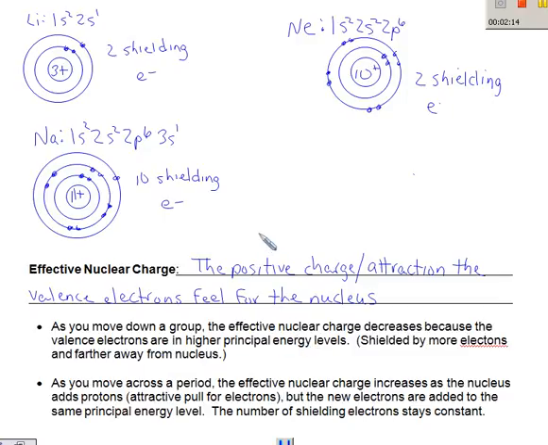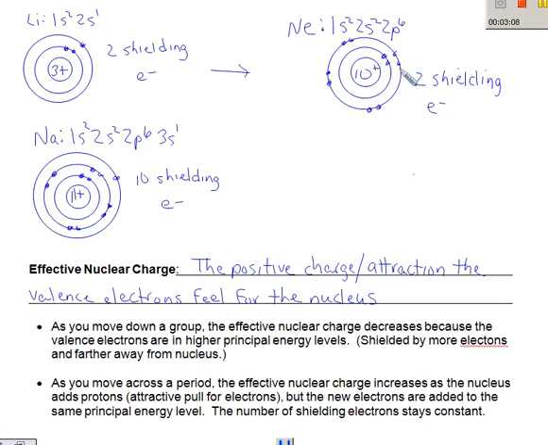Now let's take a look at what happens as you move across a period. We're going from lithium across the second period to neon. So as you move across the period, the effective nuclear charge increases as the nucleus adds protons. We're going from 3 protons to 10 protons. We have the same number of shielding electrons. So we have 2 shielding electrons here, 2 shielding electrons here.